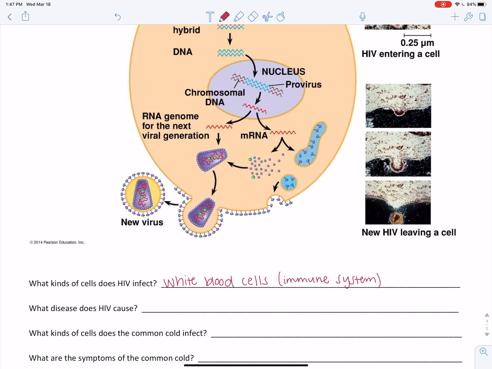Because HIV infects white blood cells, it causes the disease AIDS, which stands for acquired immunodeficiency syndrome. It's acquired because it's a virus that you can get, and it causes deficiencies in your immune system. It makes it harder for you to fight off infection, and so that's where it gets its name.